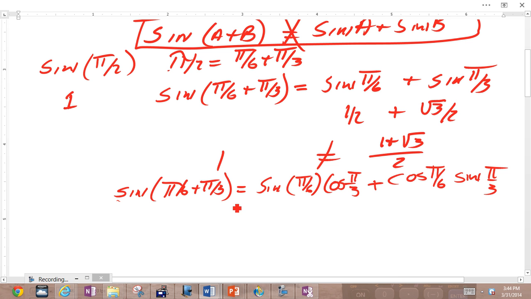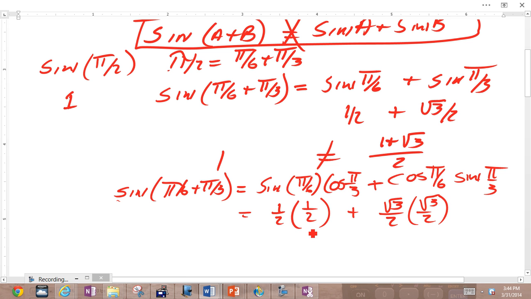Now of course those are all values you should remember. This is 1/2 times the cosine of pi over 3, which is, of course, the same as the sine of pi over 6, which is 1/2, plus the cosine of pi over 6, which is root 3 over 2, times the sine of pi over 3, which is root 3 over 2.